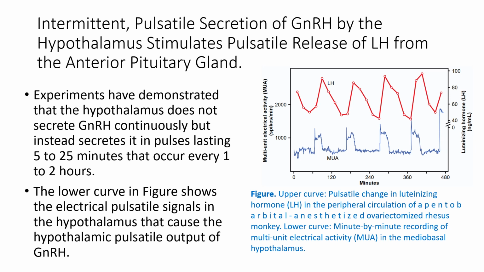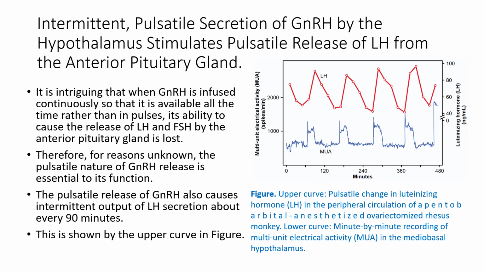Figure. Upper curve, pulsatile change in luteinizing hormone, LH, in the peripheral circulation of a pentobarbital anesthetized ovariectomized rhesus monkey. Lower curve, minute-by-minute recording of multi-unit electrical activity, MUA, in the mediobasal hypothalamus.